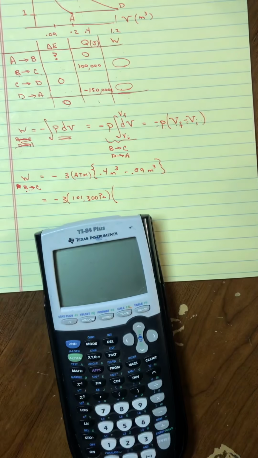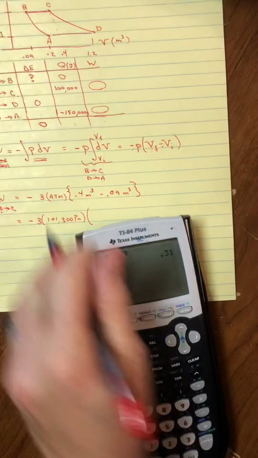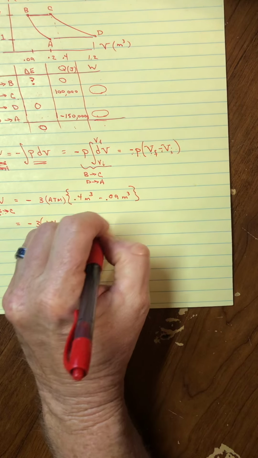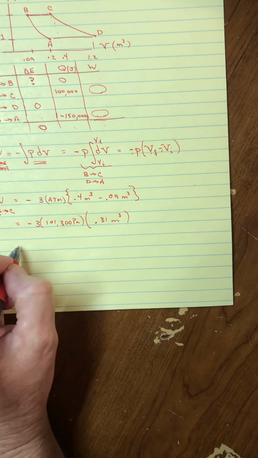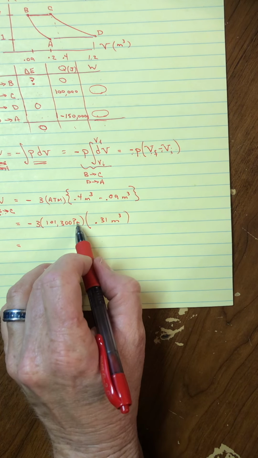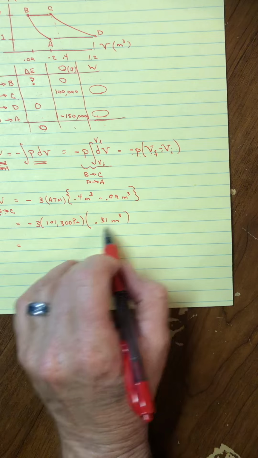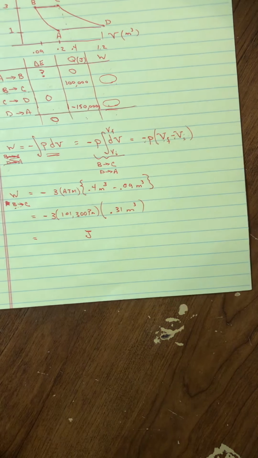So that when I grab my calculator here and go 0.4 minus 0.09 and get 0.31 cubic meters, I am now going to have a pascal times a cubic meter, where a pascal is a Newton over a meter squared, so two of them would cancel, and I have Newton times a meter, which is a joule. So perfect.